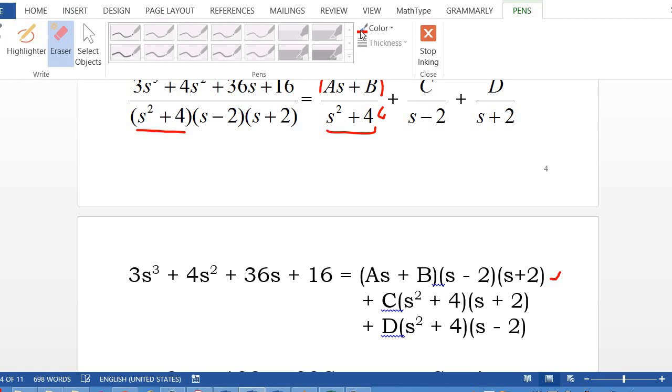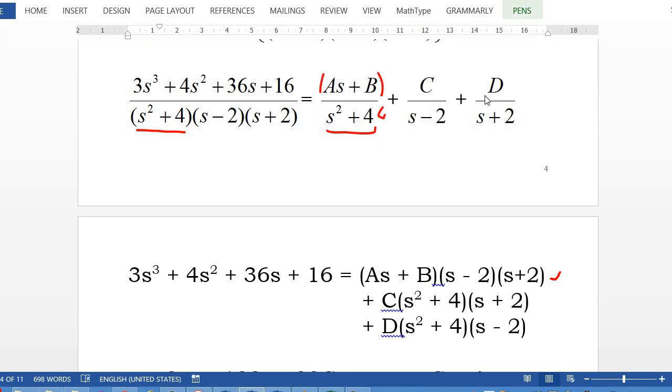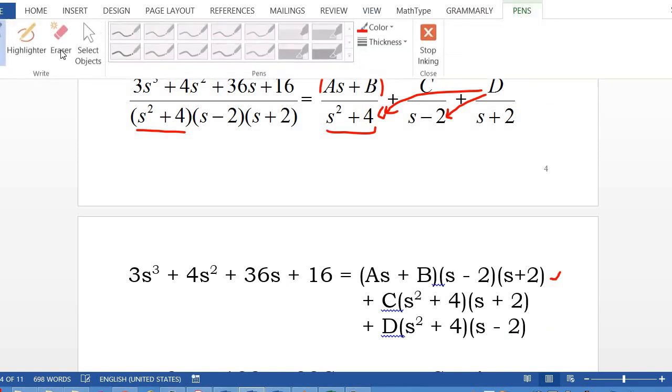And for the D term, you need to multiply these two: s squared plus 4 and s minus 2.